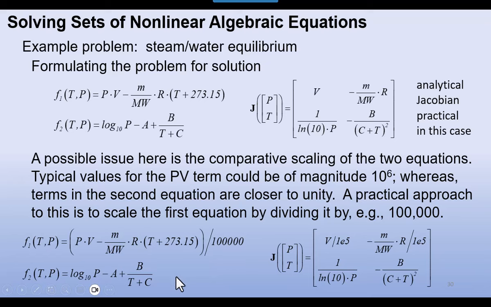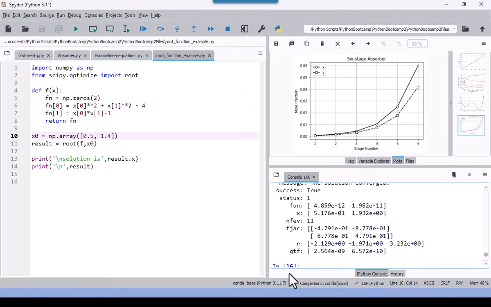This is called scaling, and it calls for an adjustment of the first equation in terms of a denominator. So that adjusts our Jacobian calculation.